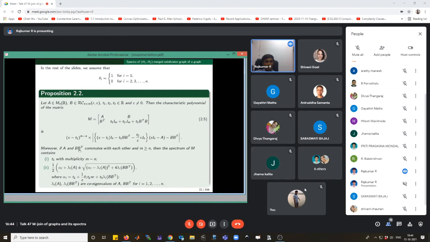Moreover, if A and B transpose commute with each other and m is greater than or equal to n, then the spectrum of this matrix contains these values as eigenvalues, where lambda i of A and lambda i of B transpose are co-eigenvalues of A and B transpose. It is a result for this type of matrices.